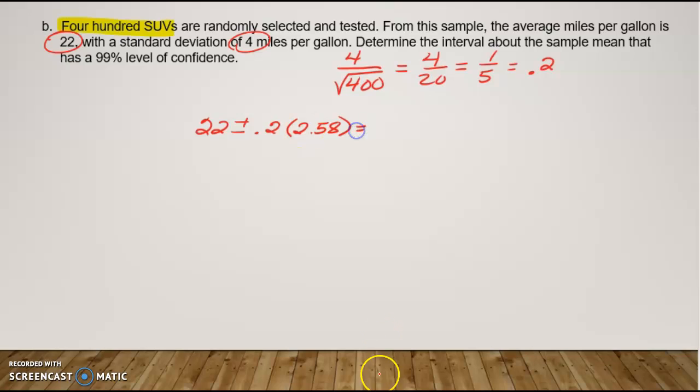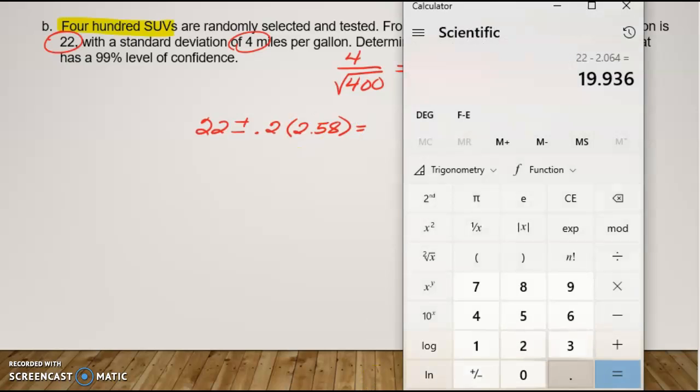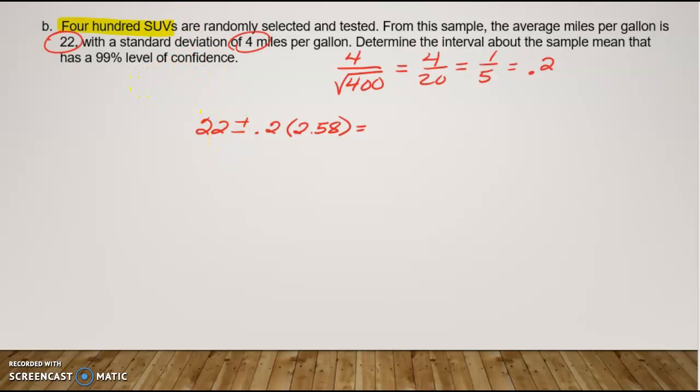This time, with it being 0.2, though, it's times 2.58. It's only 0.516. So this is 22 plus or minus 0.516. This means your interval has shrunk dramatically.